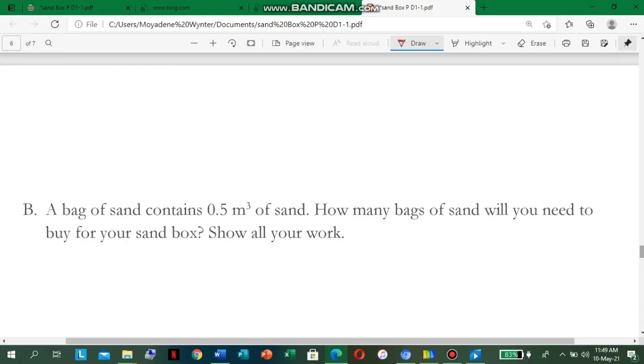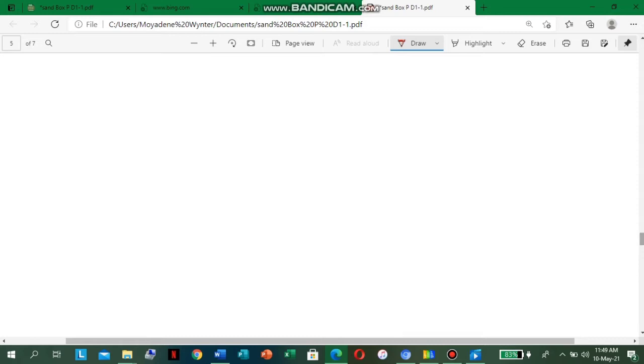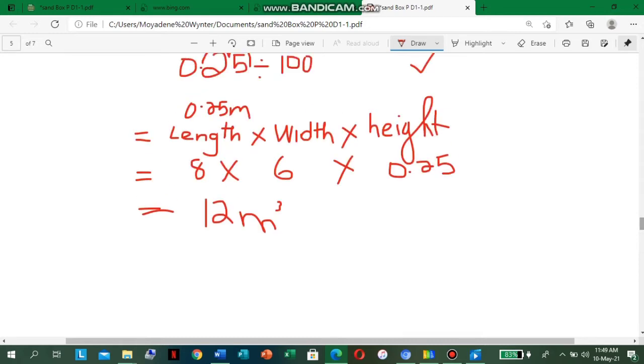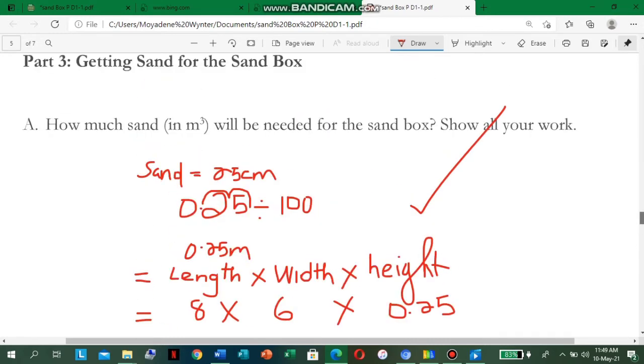Show all workings. So remember that we know how much sand is needed, and it is 12 cubic meters, because they ask up here how much sand will be needed for the sandbox.